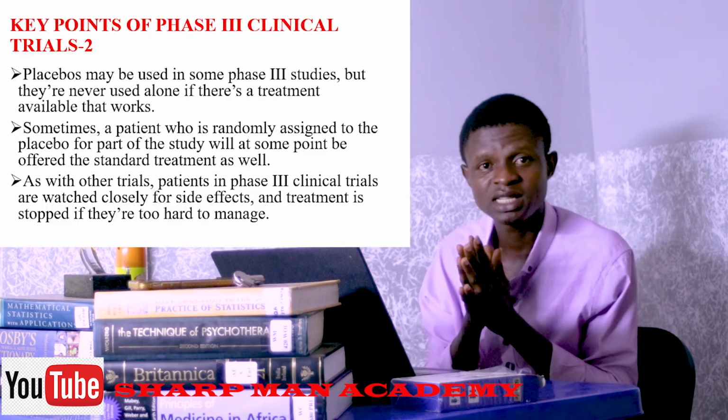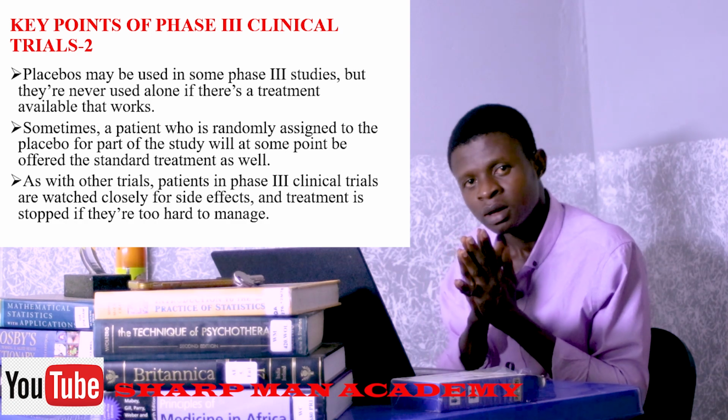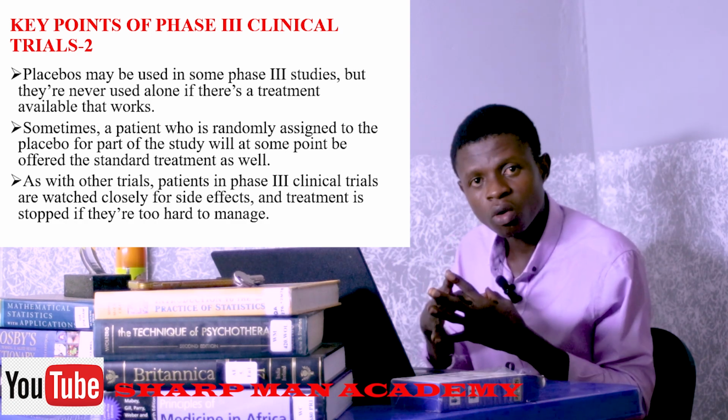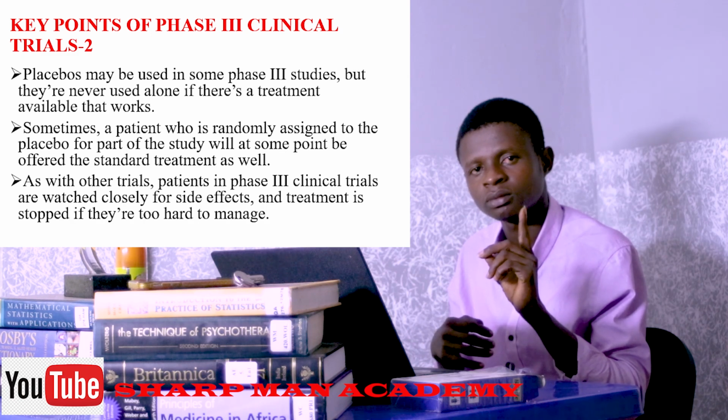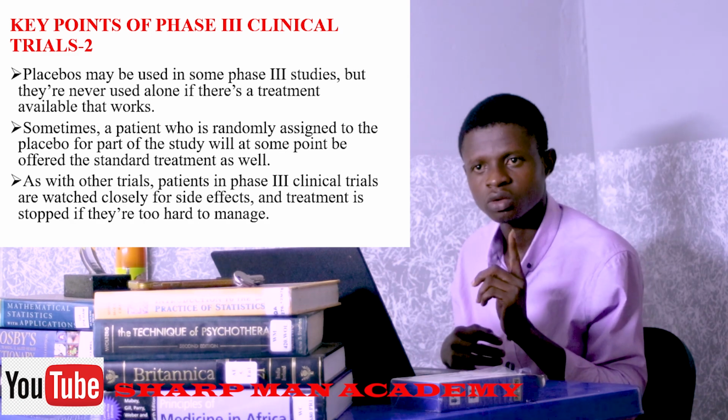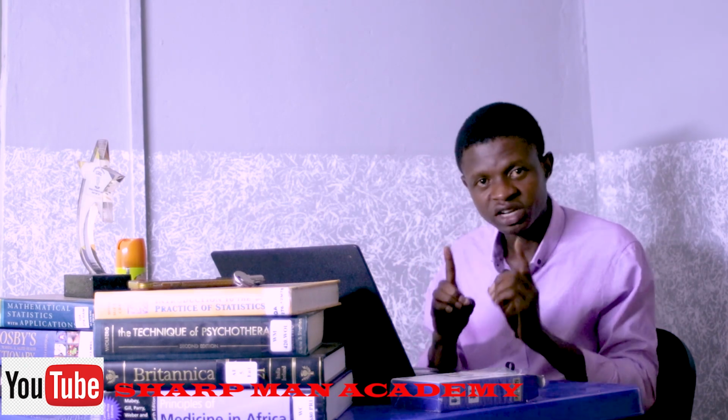And then here, a placebo may be used if there is no standard treatment. If for the new intervention we are coming up with there is no existing intervention or treatment procedure, then we can use a placebo. But a placebo is not allowed if there is an existing intervention or treatment, because it is ethically not allowed.